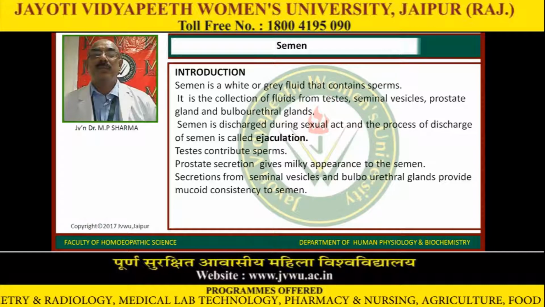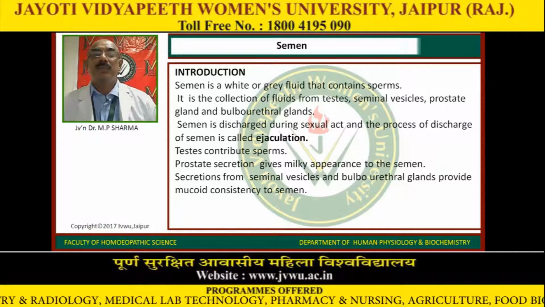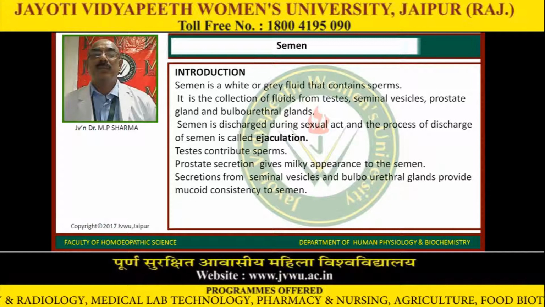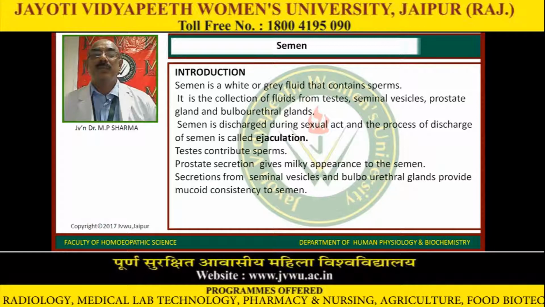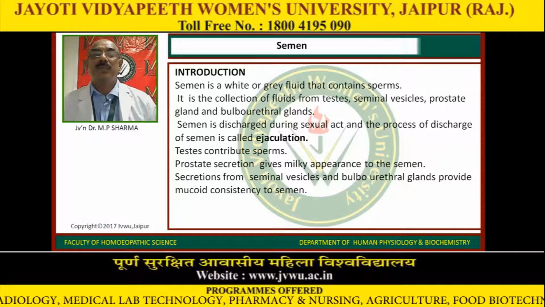Now, semen. Introduction of the semen. Semen is a white or grey fluid that contains sperms, and it is the collection of fluid from testes, seminal vesicle, prostate gland and bulbourethral glands.